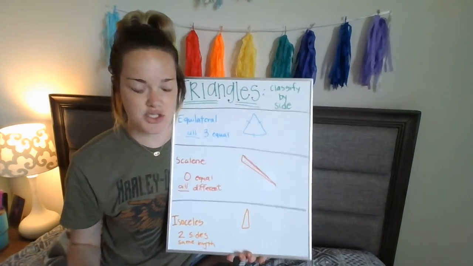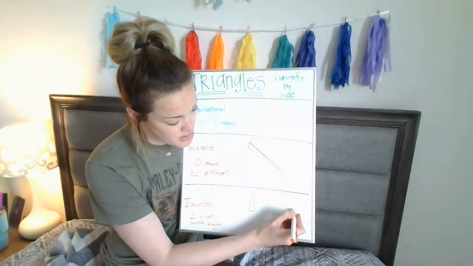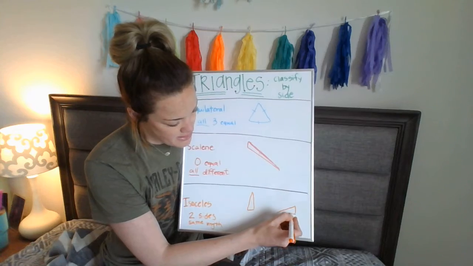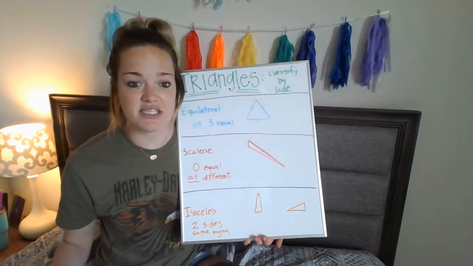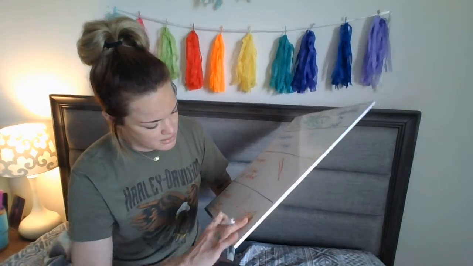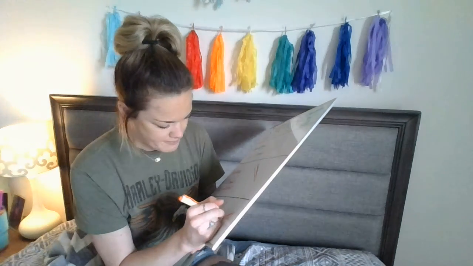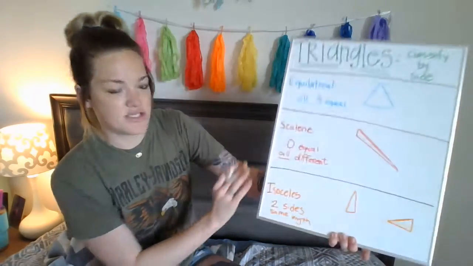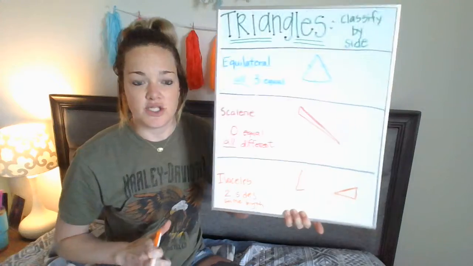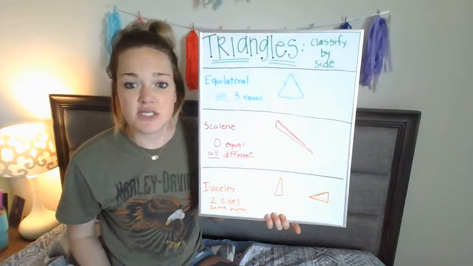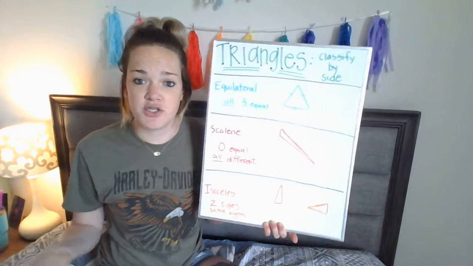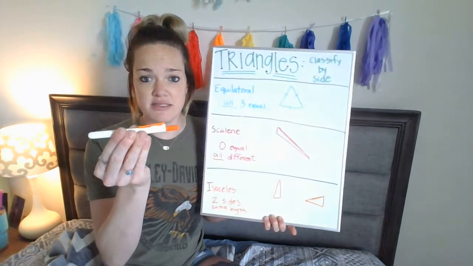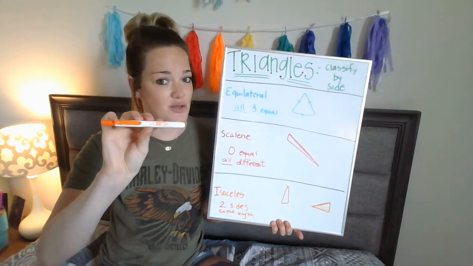That would make it an isosceles triangle. You can also have the triangle turn sideways here, and that would still be considered an isosceles triangle, even though it's kind of crooked there, because it's just on its side, okay? So even if the triangle's flipped over, it's still the same triangle. You just have to pay attention to those sides. Just like if I have my marker like this, if I flip it over this way, it's still a marker.